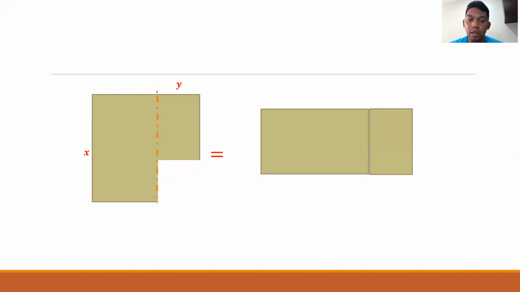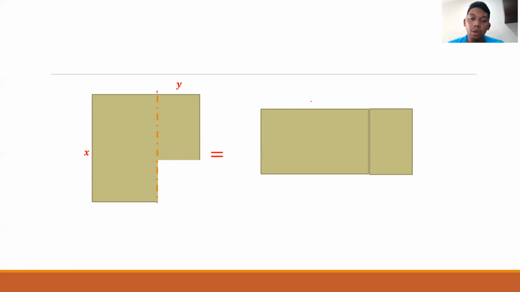Again, how did you get this figure? It came from this bigger rectangle, the one we cut, and this smaller rectangle is the one beside it. It's the remaining part where we cut the line, where we cut the bigger square, after getting rid of this smaller square.